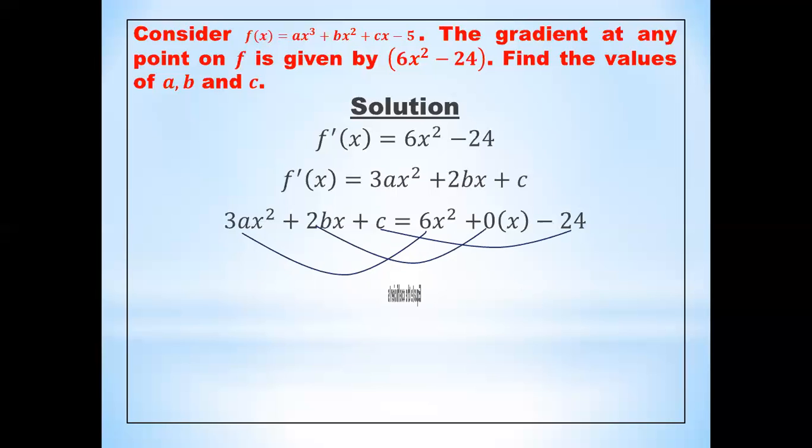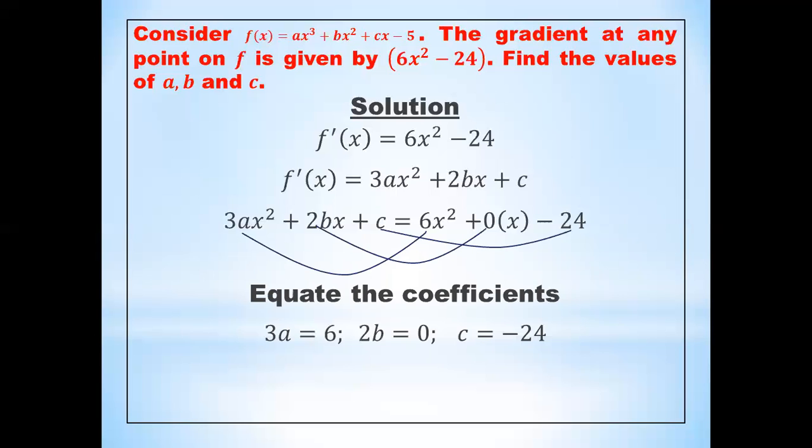Just equate the coefficients and you will see how amazing this will be. Remember, this is a very tricky question, guys. You need to take time to go through it properly, because it's going to be hectic if you are not careful. This is one of the questions you have to practice all the time.